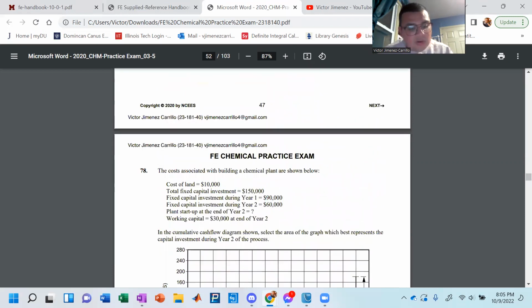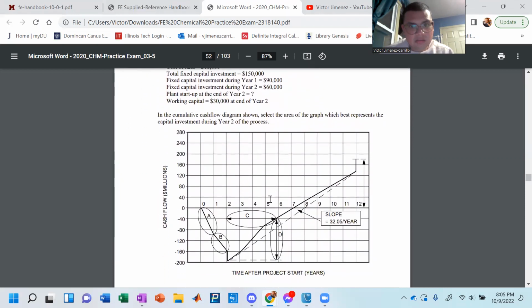Now, B represents year 2, 1 to 2 on the graph, and this adds year 2 fixed capital investment to the end of year 1. In other words, this is total represented capital. This includes cost of land, total capital investment of year 1, and total capital investment of year 2.